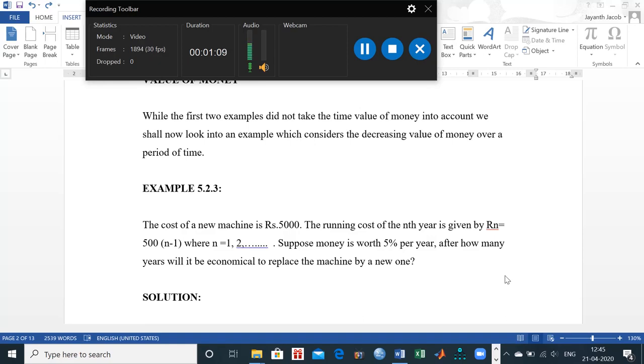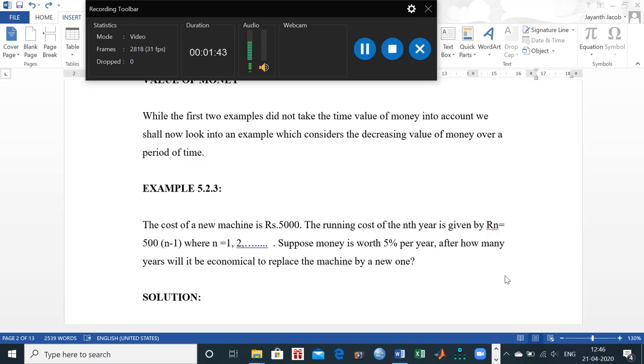And we have this money worth being mentioned as 5%. Now this we could, in the practical sense, take as the cost of index or the rate of interest, or the depreciating value of money each year, or you could even take it as the inflation index.